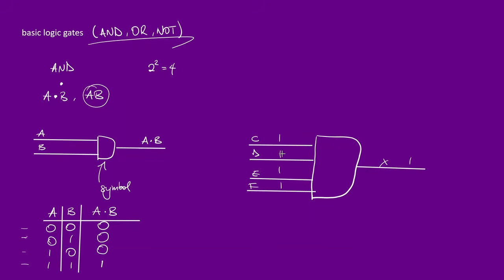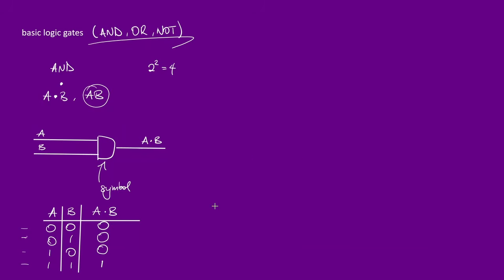Only in this case. If only this was a 0, X is going to be 0. If this and this were a 0, X is going to stay 0. If everything was low, X is still going to be low. It's only going to come high when every single input is high. So that's the first basic gate, the AND gate.